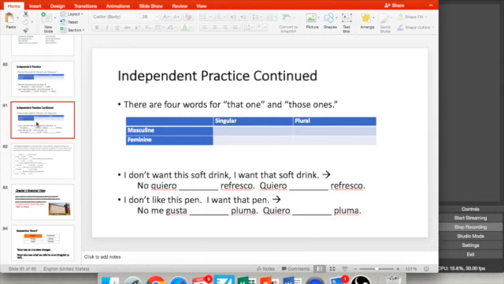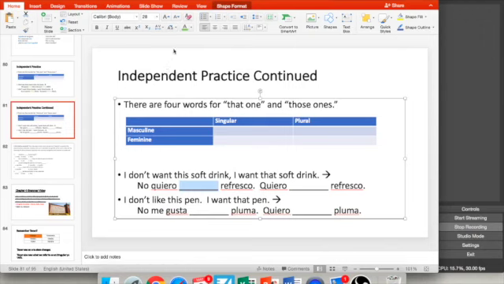Another example that works the same way. I don't want this soft drink. I want that soft drink. So remember, this and these both have T's. Your options for this are este or esta. Refresco, in this case, is masculine and it's singular. So I'm going to use este, the masculine version.